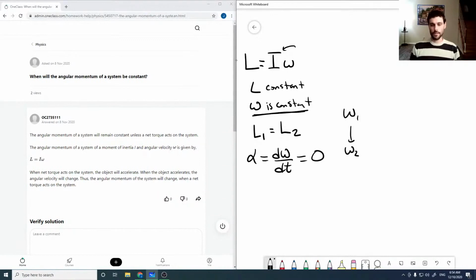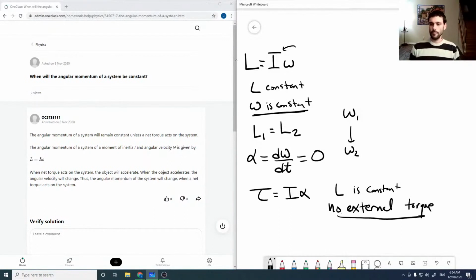Another way of saying this is, since our torque is I alpha, again very similar to linear motion, L will be constant with no external torque. Think of linear motion: our momentum is constant with no external force.